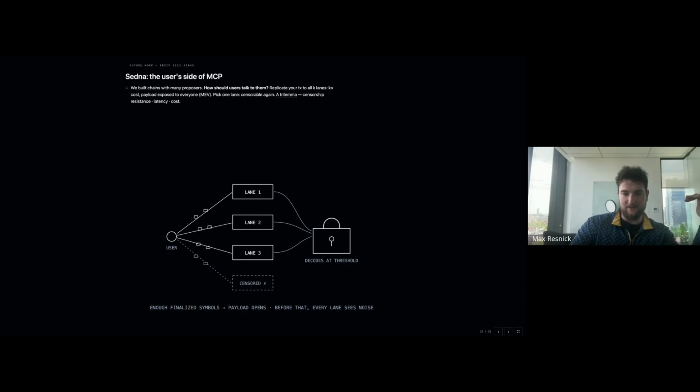Then you submit that to each of the proposers. No proposer has enough pieces to see your transaction until we go to replay. And at replay, we combine them and decode them and execute them.